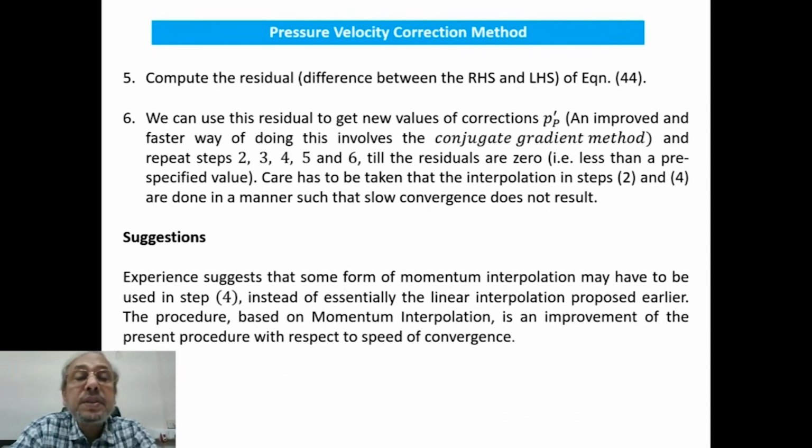We can use this residual to get new values of the corrections PP prime, and an improved and faster way of doing this may involve the conjugate gradient method. Repeat steps 2, 3, 4 and 6 till residuals are less than a pre-specified value.